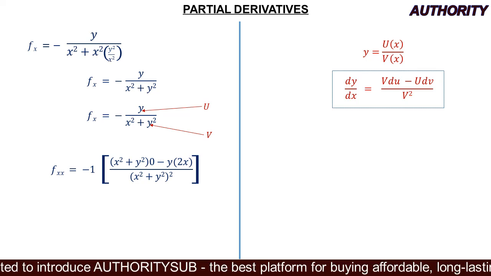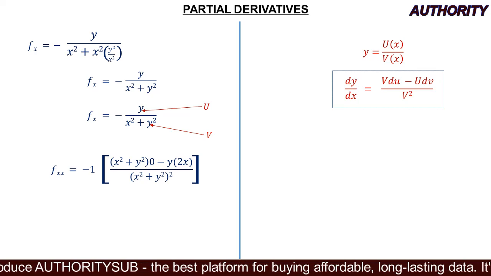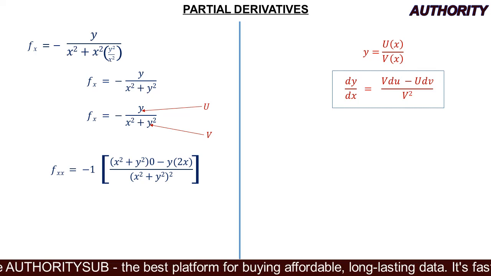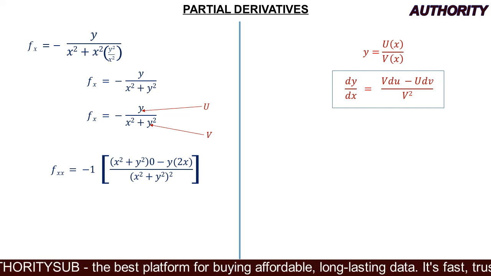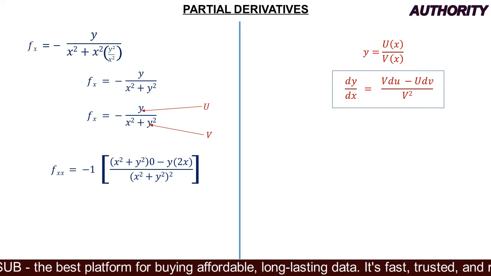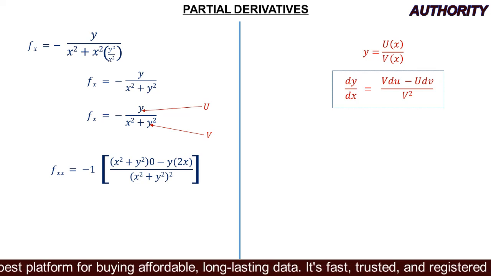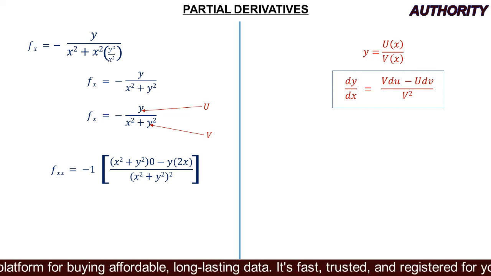When we differentiate y with respect to x partially, it is going to give you 0. We regard it as a constant. So here we're going to have 0, then we have minus, and now your u, which is the numerator, we have y.